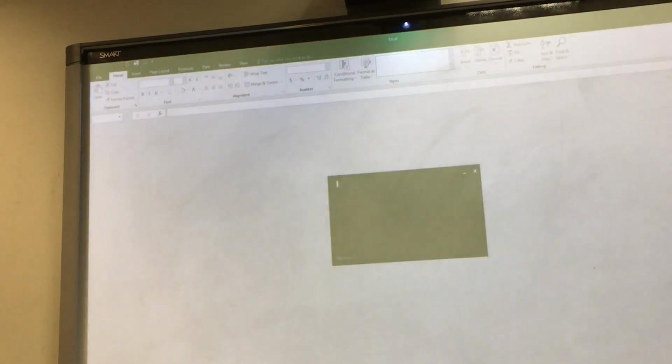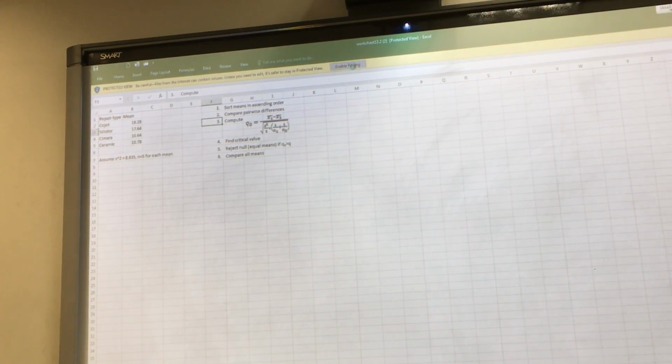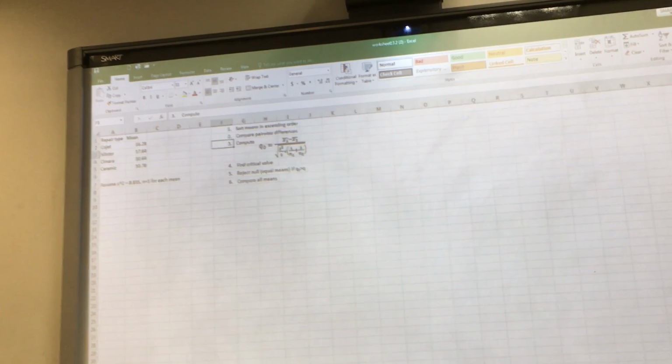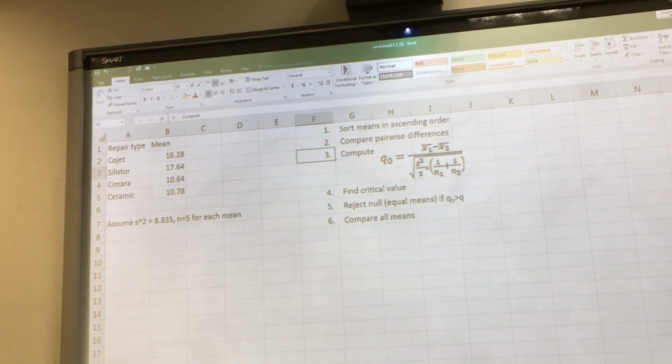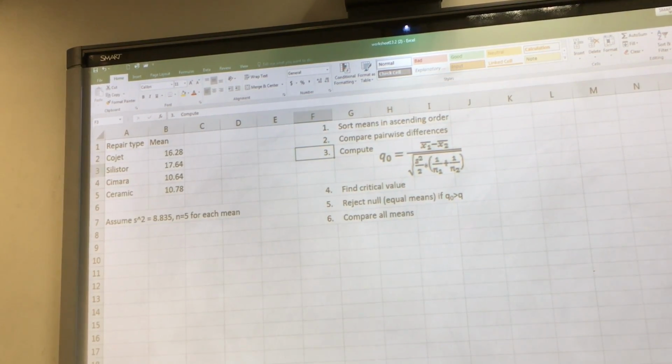Okay, so we're going to speed ahead because we've already done the ANOVA test.